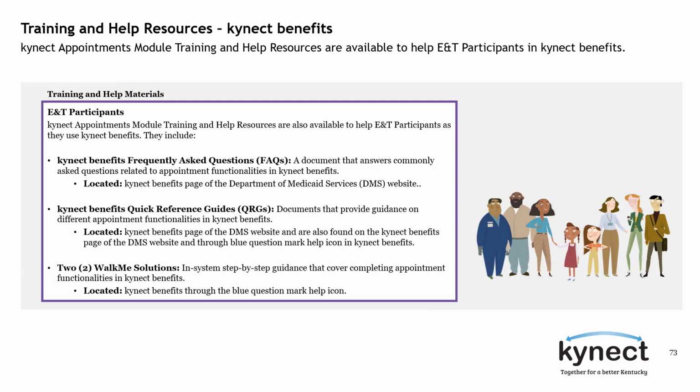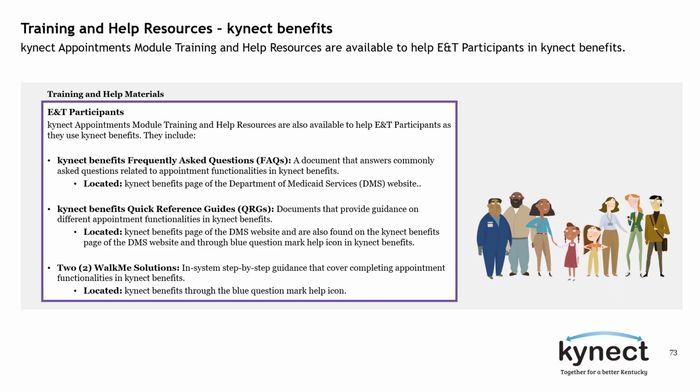Kynect Appointment module training and help resources are also available to assist ENT participants as they use Kynect benefits. Those include the Kynect Benefits Frequently Asked Questions document that answers commonly asked questions related to the appointment functionalities in Kynect benefits. These FAQs are located on the Kynect benefits page of the Department for Medicaid Services website. Kynect Benefits Quick Reference Guides are documents that provide guidance on different appointment functionalities in Kynect benefits.